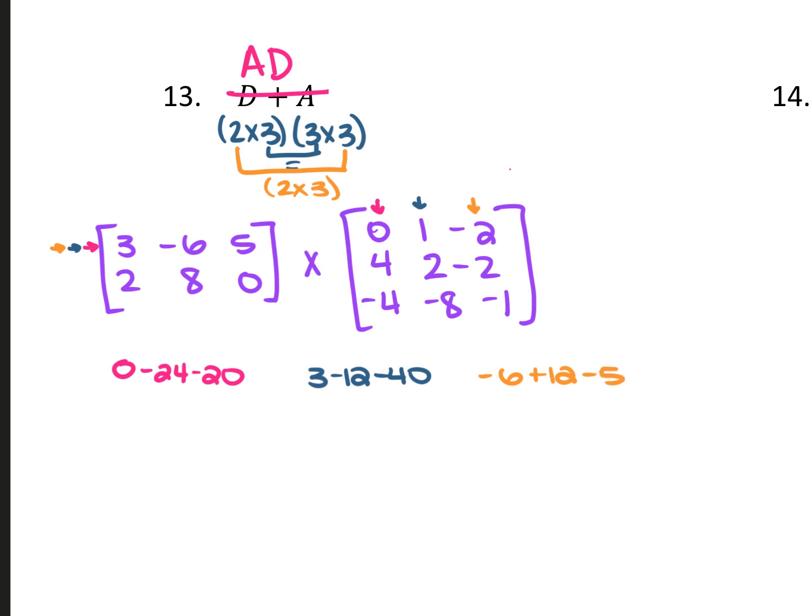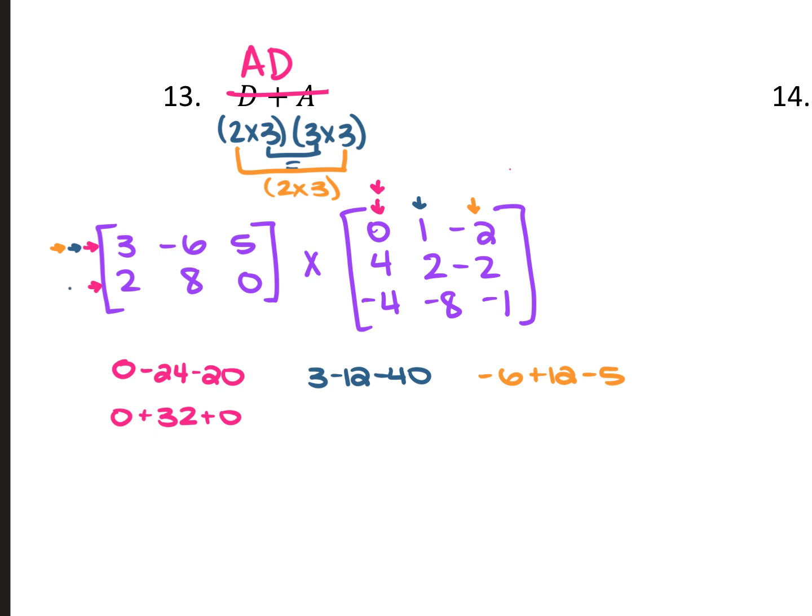Now we're moving down to your second row. We're still going to go first column, second column, third column. So second row, first column, 2 times 0 is 0. 8 times 4 is 32. Or wow, I'm not doing this correctly, I'm sorry. 2 times 0 is 0. 8 times 4 is 32. 0 times -4 is 0.